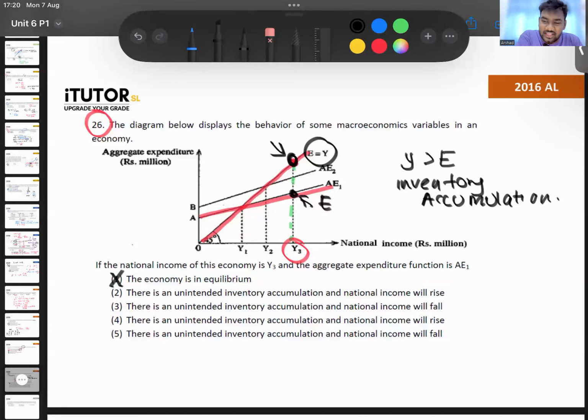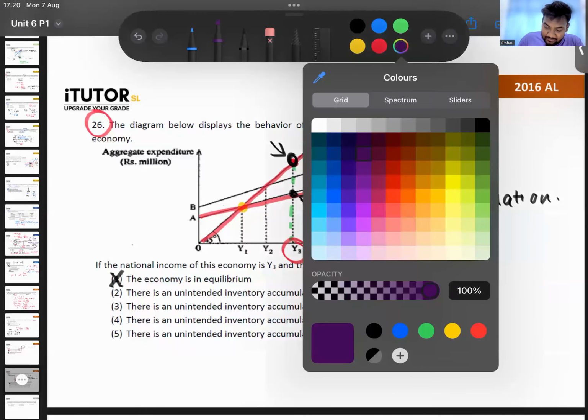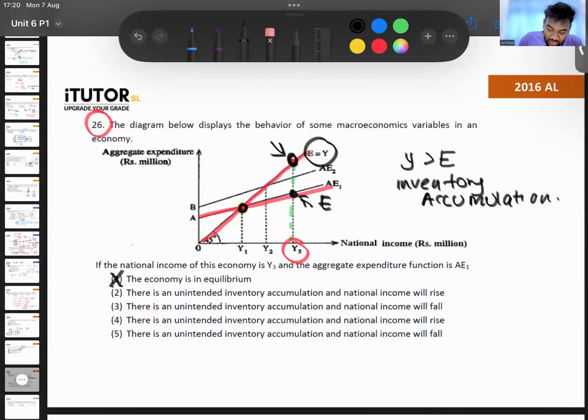For you to reach equilibrium, in this diagram, where is equilibrium? This purple dot here is the equilibrium. So to reach equilibrium, should the output increase or decrease?